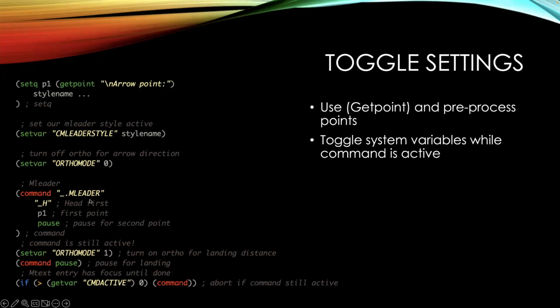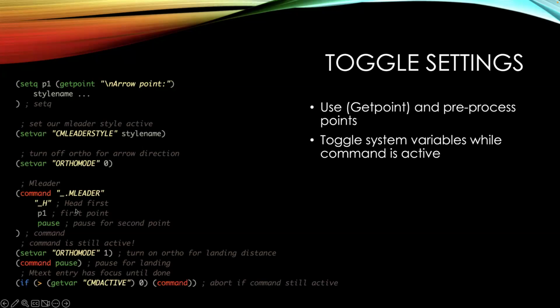But now we're wrapping the mleader command. And so we're doing a few things with that. First, we specify H for head first, head or arrow, more commonly, because with the mleader command, it can be set to content first and then arrow second, which is super annoying to people who aren't expecting that.